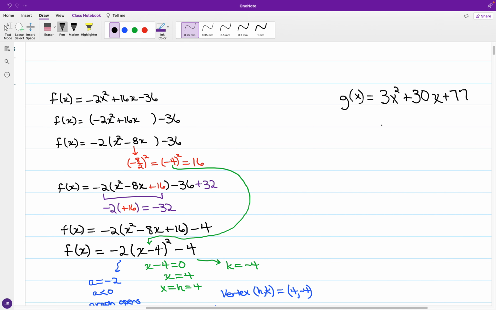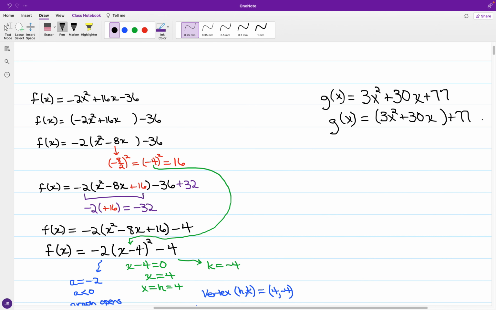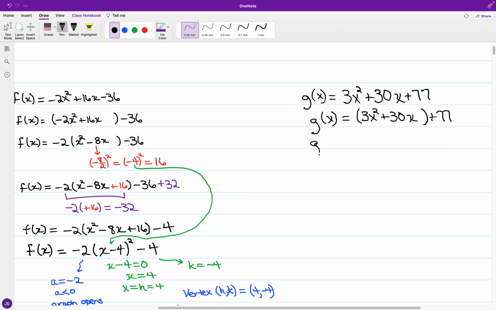If we separate the variable terms apart from the constant, for the variable terms you have 3x squared and 30x. And just like what we did with negative 2, we're going to do the same thing with the 3 at the front. So we're going to factor this out and set the stage so that we can complete the square.